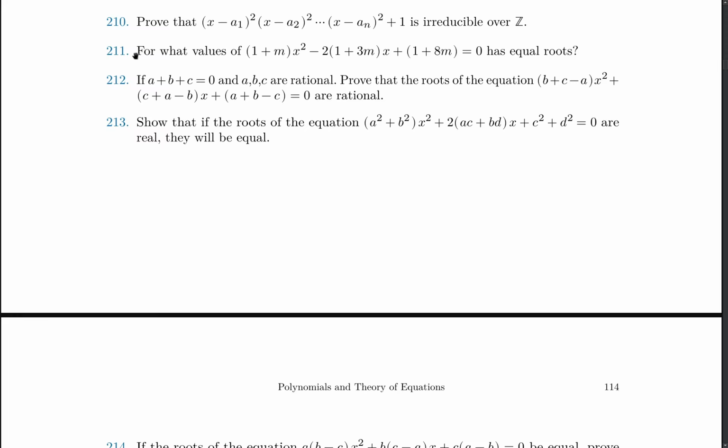Question 211 says: for what values of m is (1 plus m)x square minus 2(1 plus 3m)x plus (1 plus 8m) equal to 0 has equal roots.